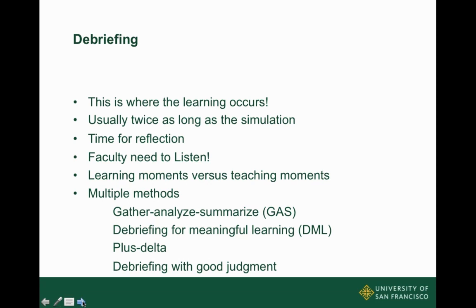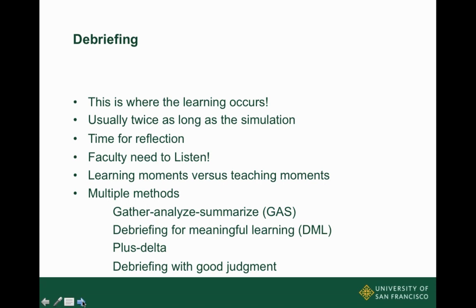Now, Jen talked about space for debriefing, and in reading several simulation textbooks and talking to experts over the years, the ideal model for a debriefing room is right next to the high fidelity or simulation room.